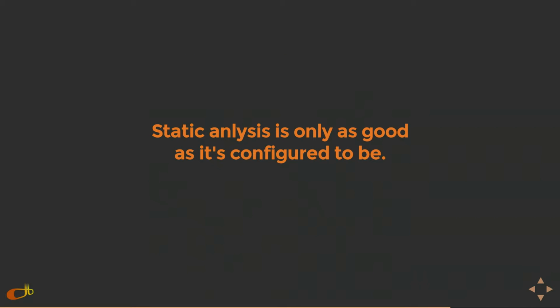So you might run it on Code Climate, and I'm actually a little frustrated by the documentation because they don't call this out. You need to configure Code Climate. Don't just run your project on Code Climate. Go and configure it. You have to create a Code Climate YAML and define exactly what you want to check. Static analysis is only as good as it's configured to be.